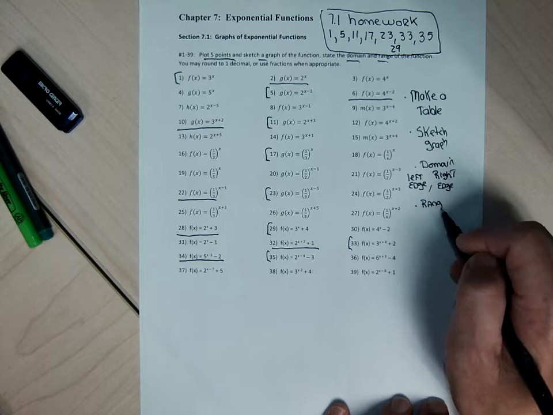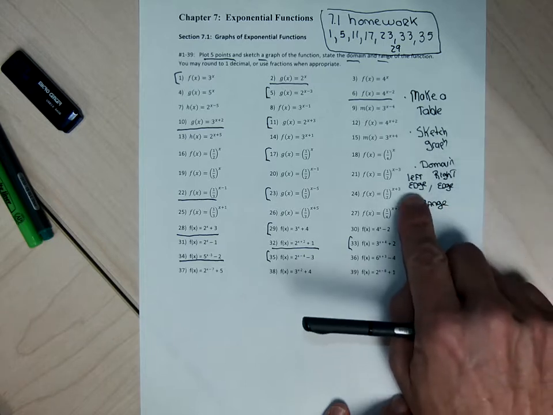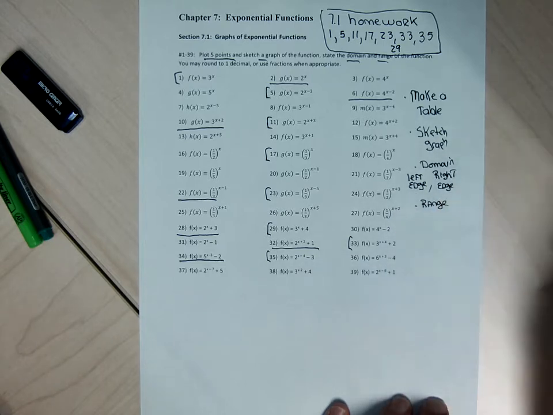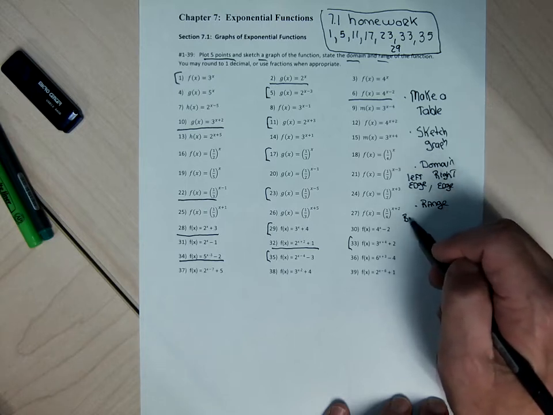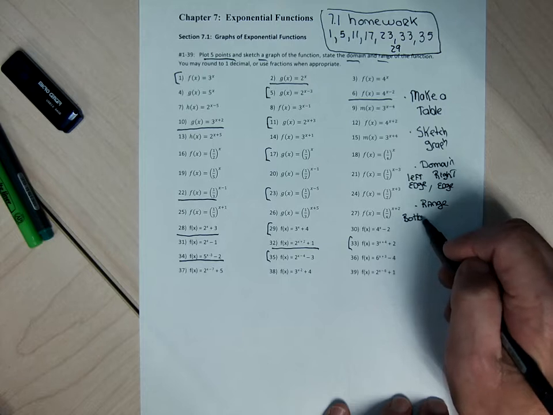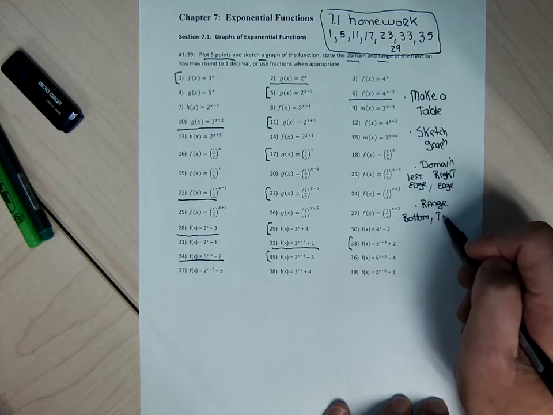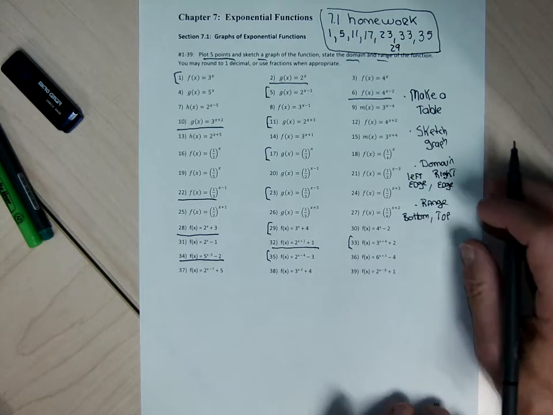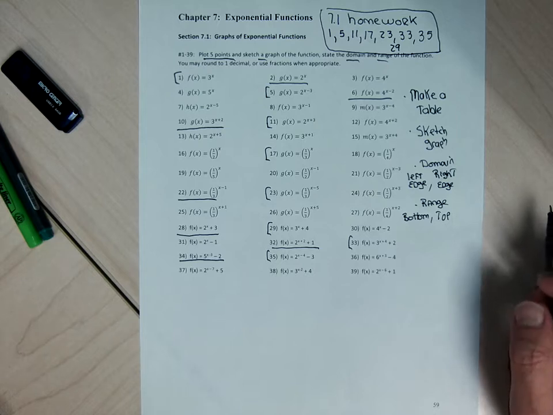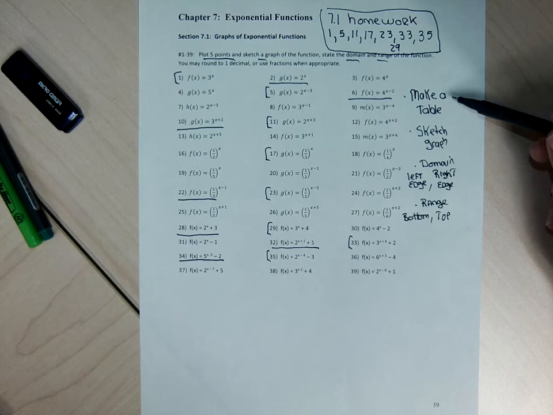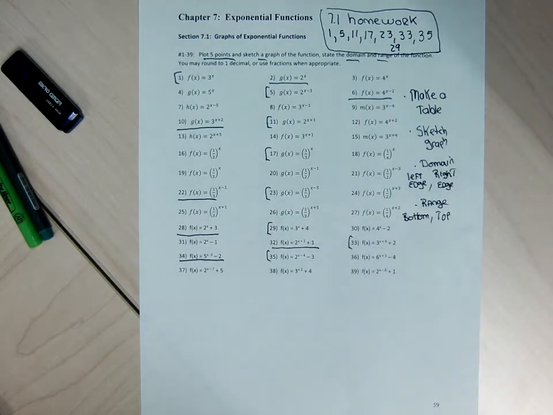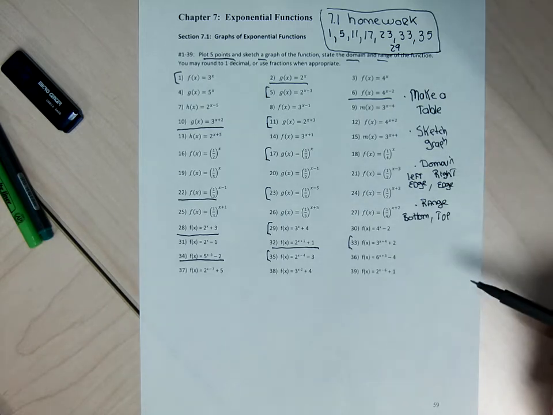These are unbroken graphs. The domain is going to be from the left edge to the right edge of the graph, and the range is going to be from the bottom to the top of the graph. I can explain everything quicker than I can do an entire problem.